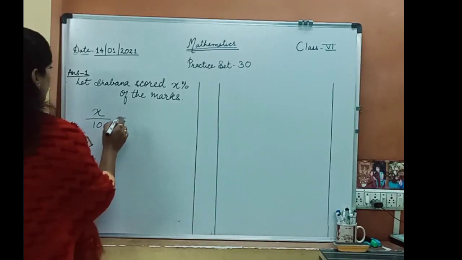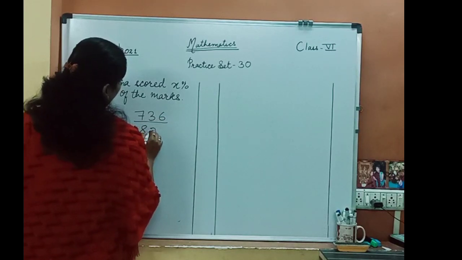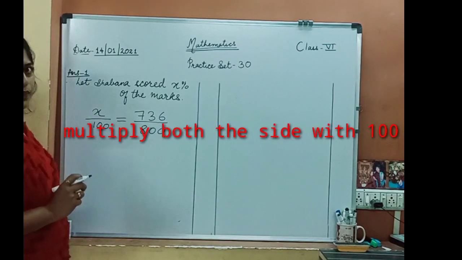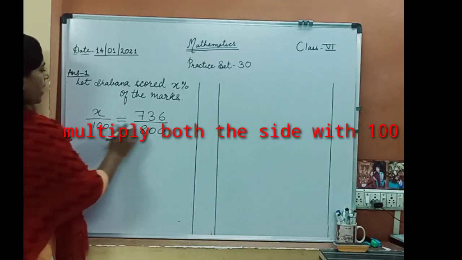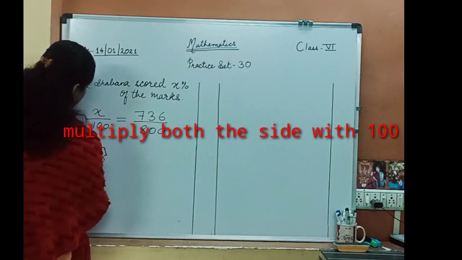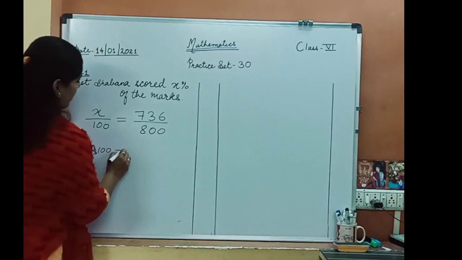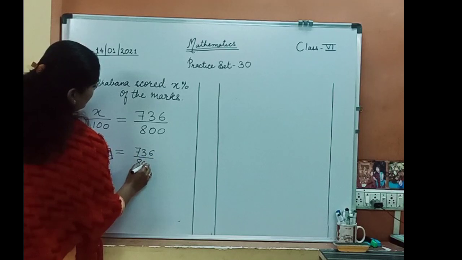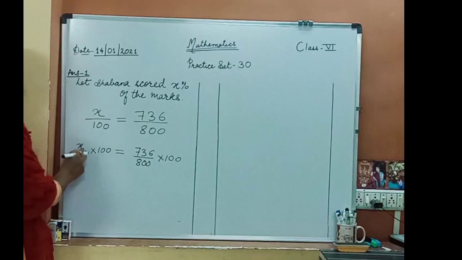Yes, she scored 736 marks out of 800. So to find out the X value, we will multiply both sides with 100. X upon 100 multiplied by 100 and 736 upon 800 multiplied by 100, so that we can get the value of X.